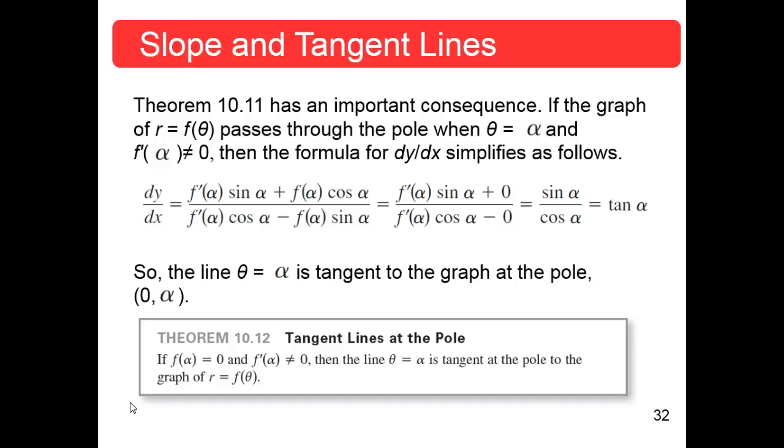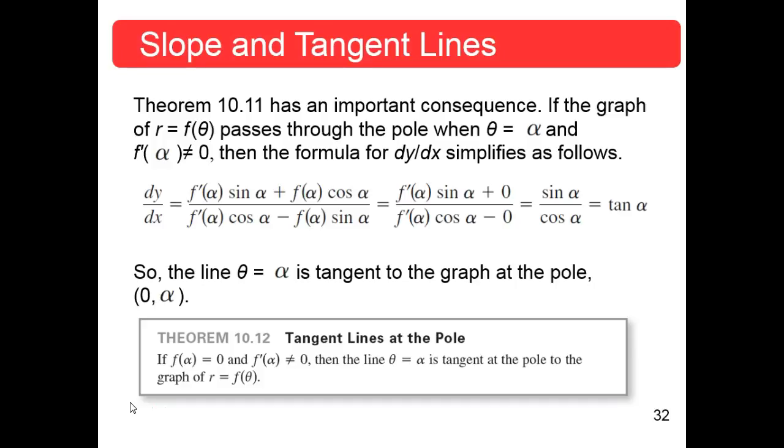So if the graph passes through the pole, that's the origin, when θ is equal to α and f prime of α is not 0, then the formula for dy/dx simplifies to this. And this is what I was looking for at the very beginning.